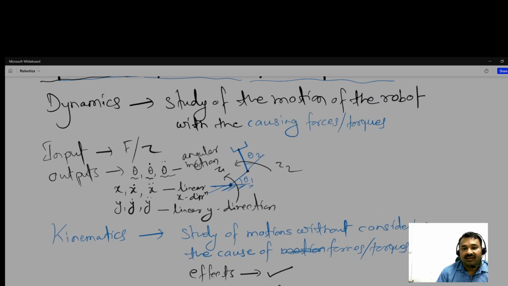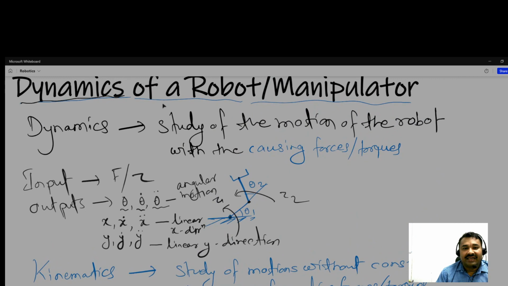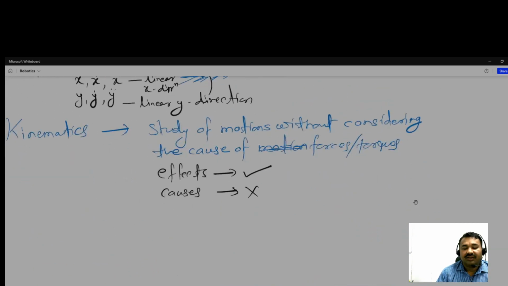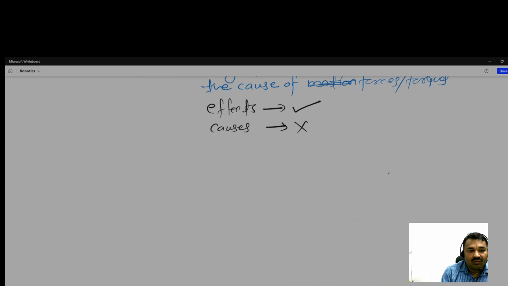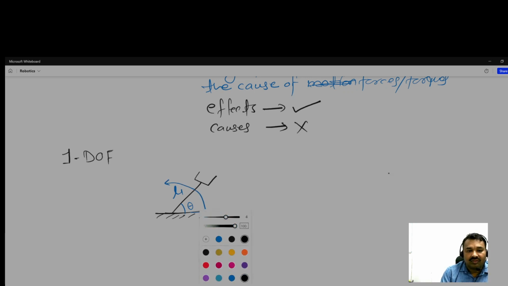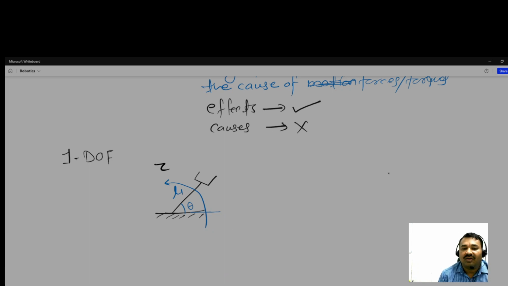But our focus is here, dynamics of a robot manipulator. So let us start our study for 1 degree of freedom. This is our robot link, and it is our end effector, and the link length is suppose L1, inclined with the horizontal axis by theta degree, and the tau is being supplied, or tau is being generated.